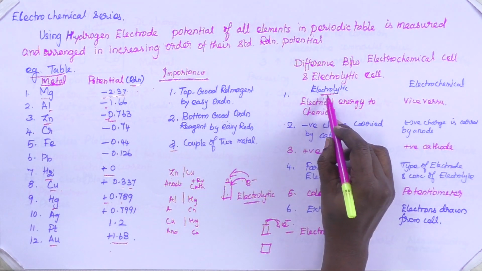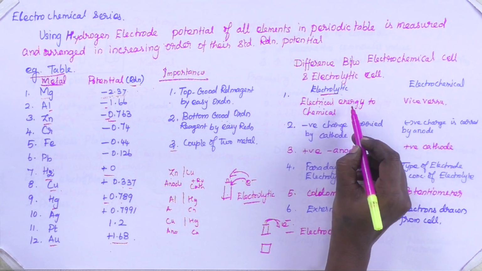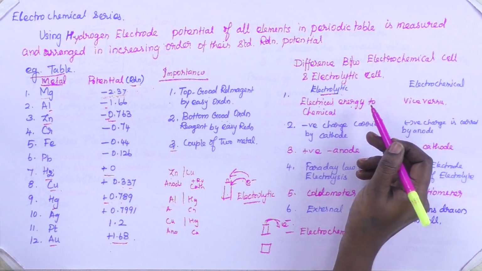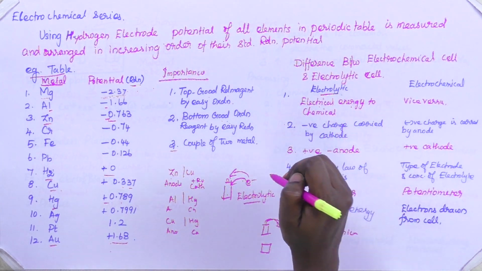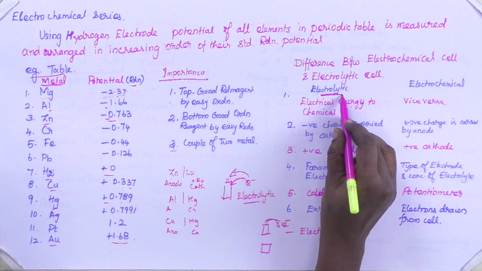Here in the electrolytic cell, electrical energy from the external source is passed into the cell, which drives a chemical reaction, and it is stored within the cell. That is called an electrolytic cell.